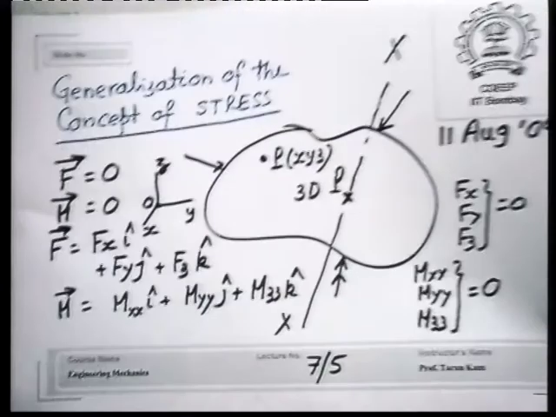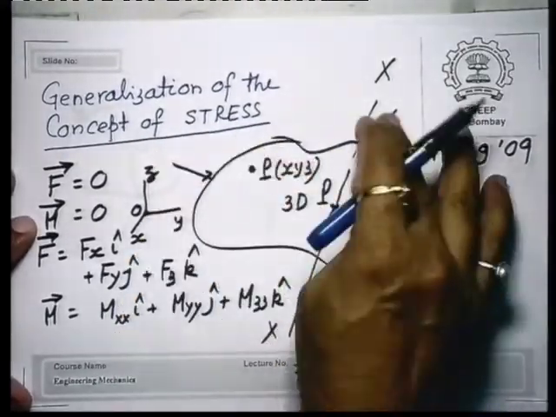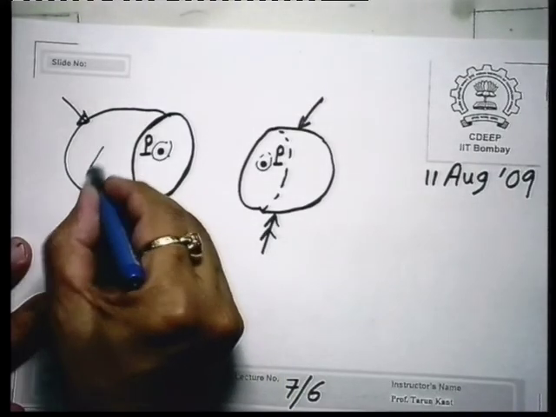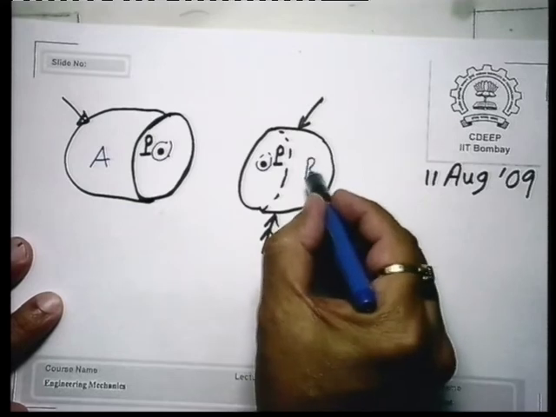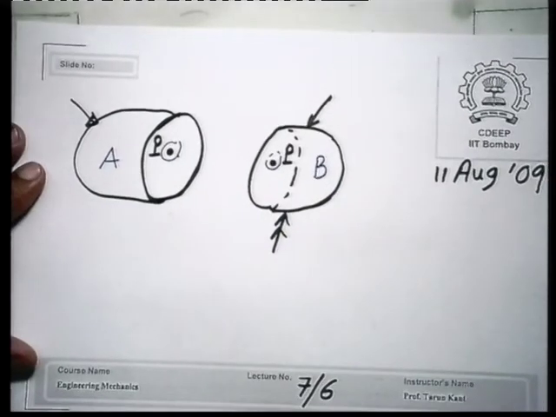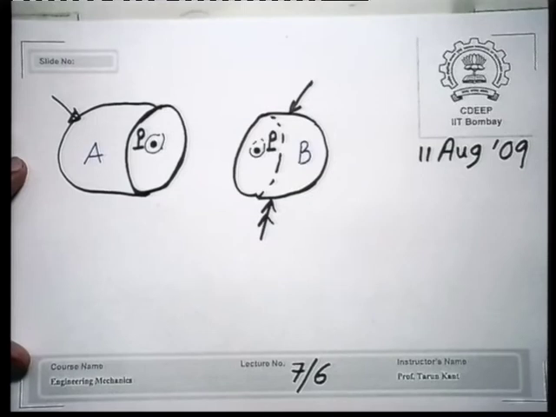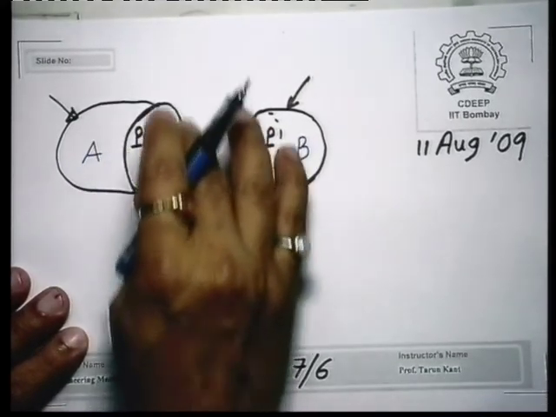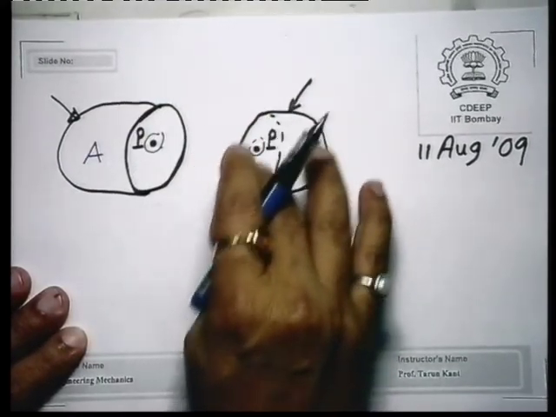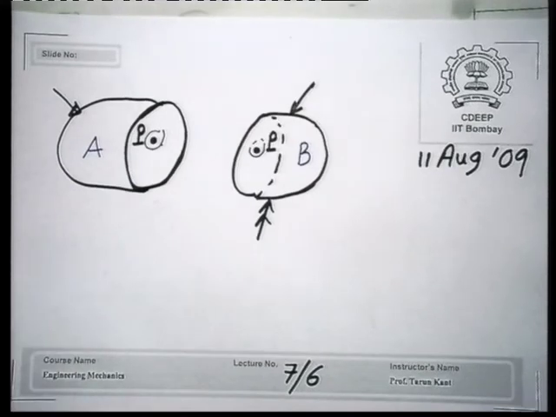If the total body is in a state of equilibrium under the action of external forces, then these two bodies, part A and part B, should also remain in equilibrium individually, and that is possible provided there are some interaction forces here. Unless there are interaction forces, this equilibrium is not possible.